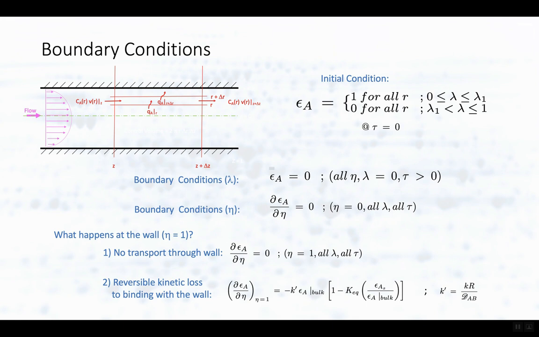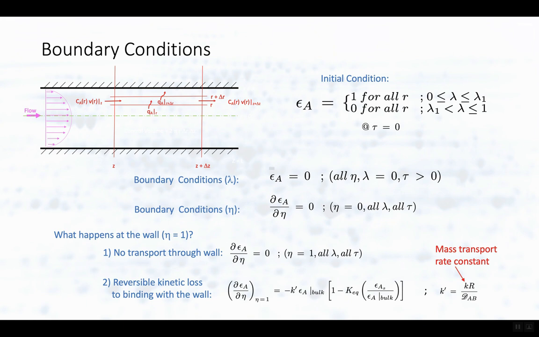But then once that concentration moves further down the capillary, it can desorb from that wall. Okay, the rate of mass transport versus diffusion drives the kinetic constant. Okay, that's K prime.